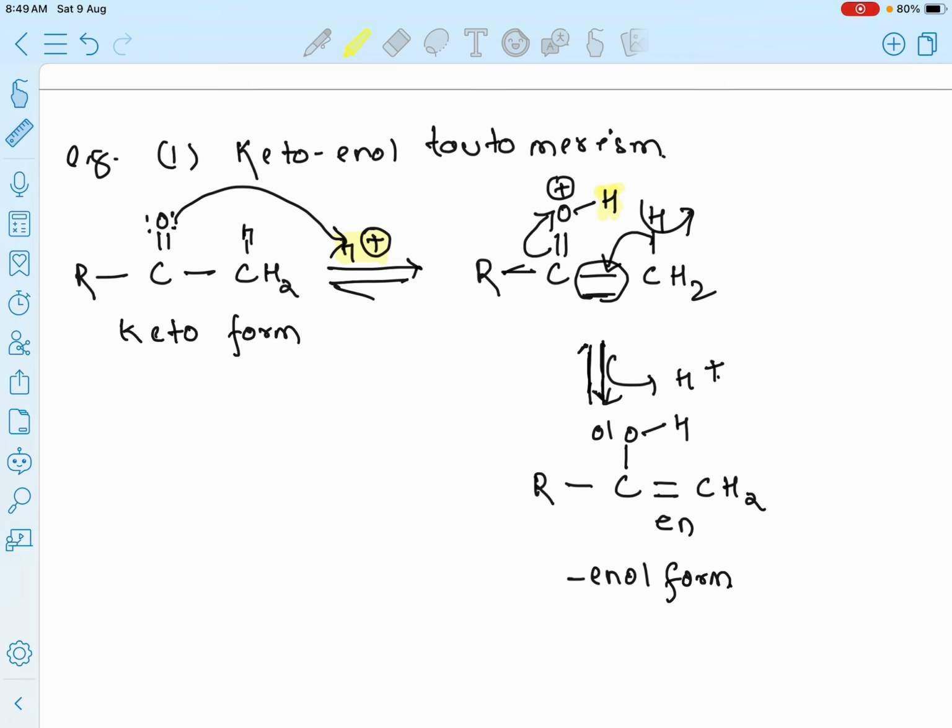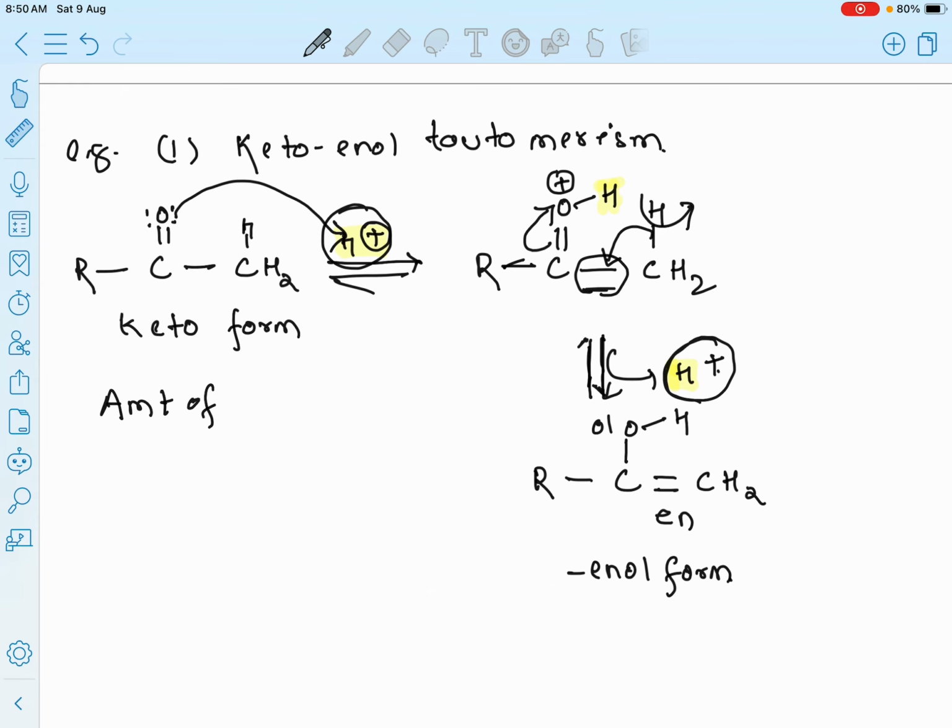Then another proton is released. That means whatever the amount of proton received in the first step, that amount of proton is released in the final step. So the amount of H plus before and after the reaction remains same.